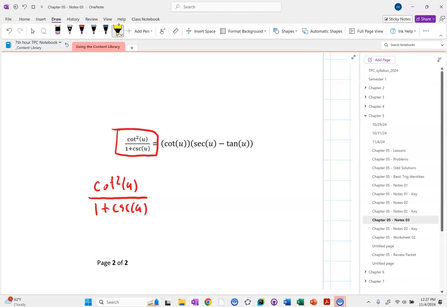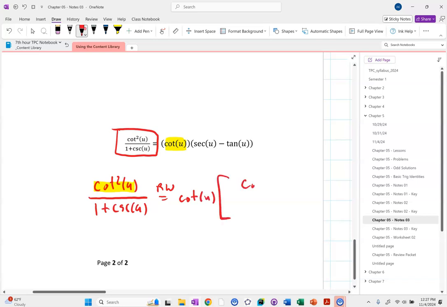Let's look at what we want, right? Notice that we want something cotangent times something, right? We have a cotangent in the numerator. So if we just rewrite things, I can take that cotangent from the numerator and just move it out front by itself.